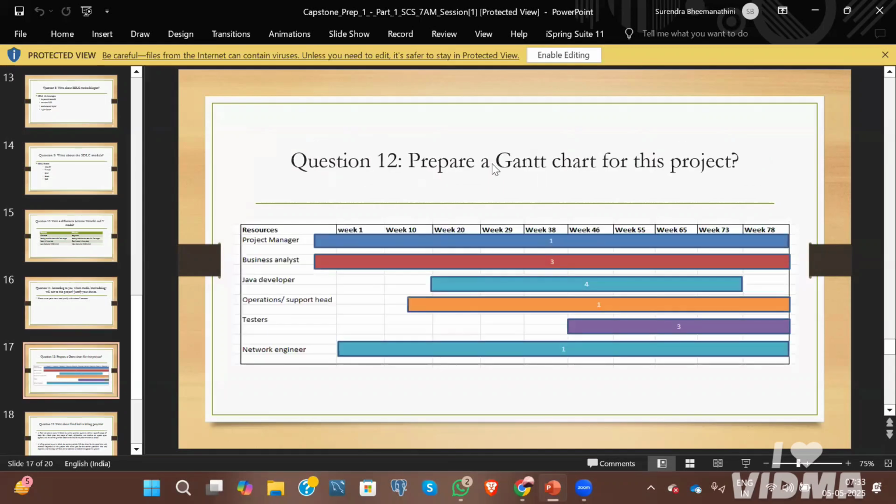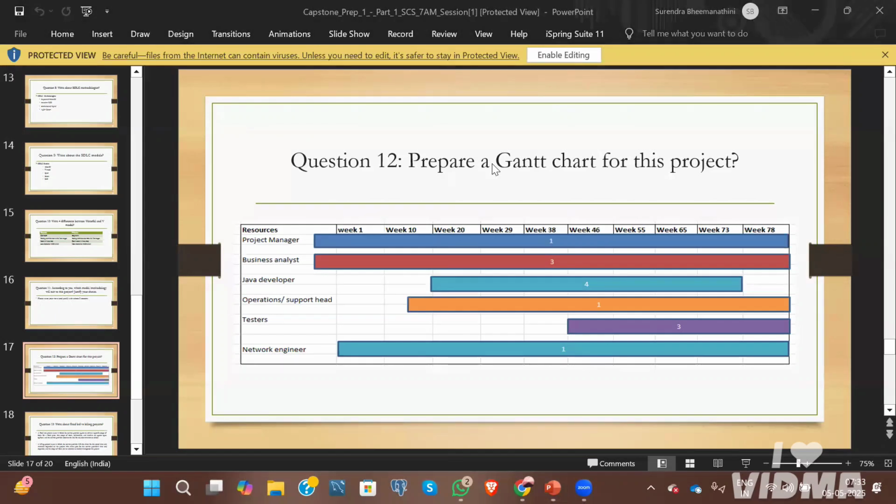And question number 12, prepare a Gantt chart for this project. A Gantt chart is nothing but a visual representation. It is used to map the timeline of the project to the resources. Whatever resources we have, such as project manager, business analyst, Java developer, operations, support head, testers, and network engineers, are mapped across the timeline of the project.